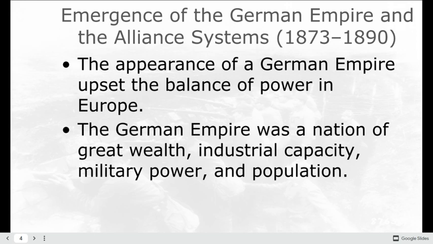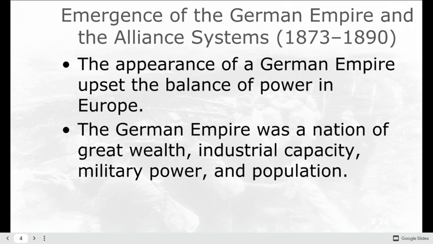So, at the beginning of this, of course, is the alliance system. The German Empire is new on the scene in the 1870s. It had a large population, lots of wealth, lots of industrialization. So it matched France, but of course it weakened France in order to establish itself.